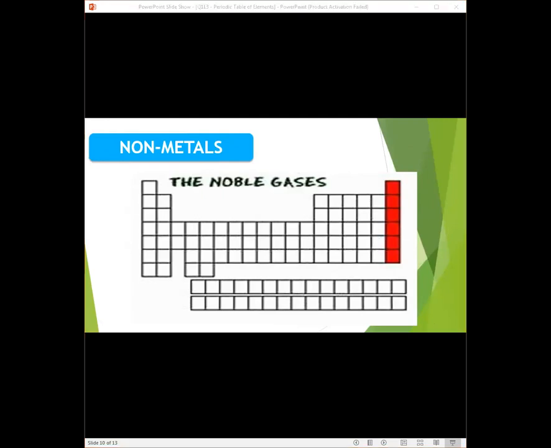Now, as for the noble gases, it was said that these are already stable elements. It has something to do with their number of electrons in their outer shells. Now, those are the classifications or families under nonmetals.